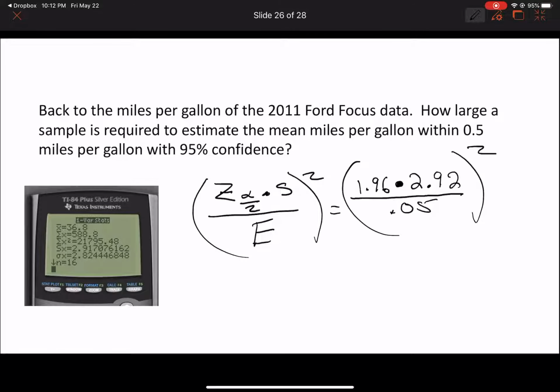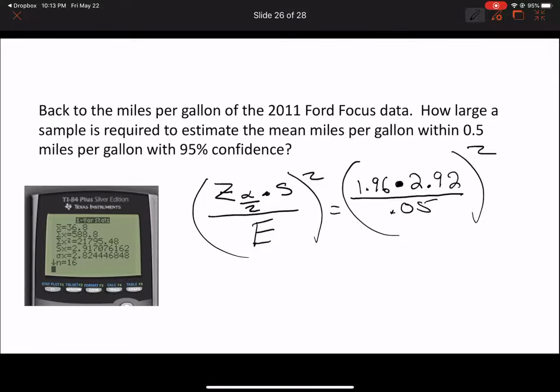So we have 1.96 times 2.92. Well, that looks like a really big number. I need to try this again.